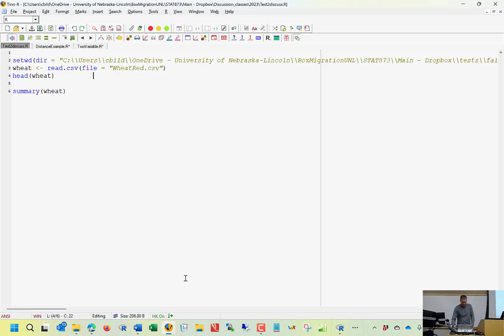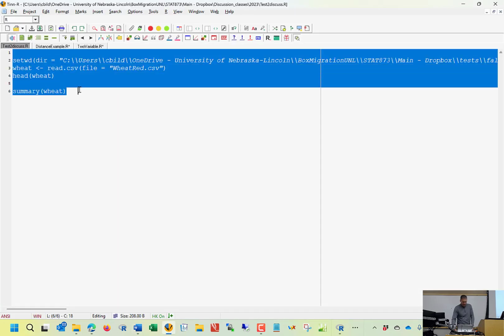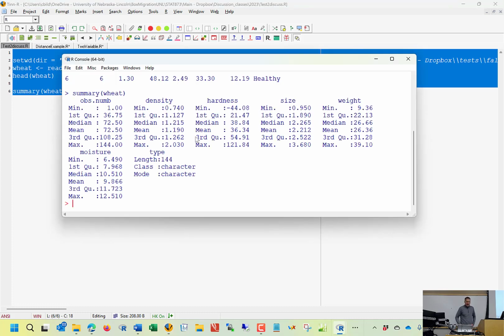Another way that one could approach it is, let's say, you read in your data and you do a summary of the data, and you see for density, the highest density is 2.03. So whatever observation number that corresponds to, that's the max.